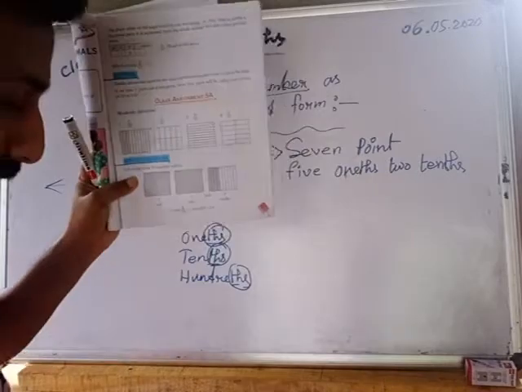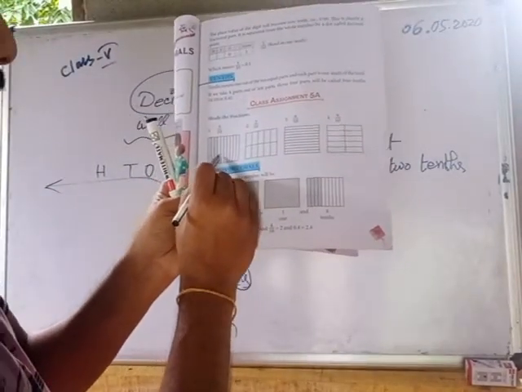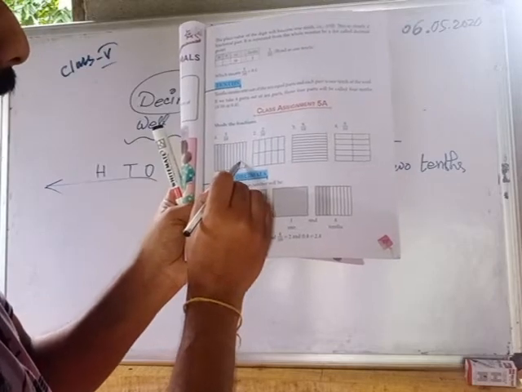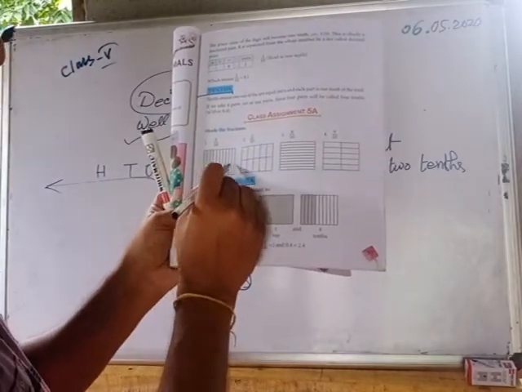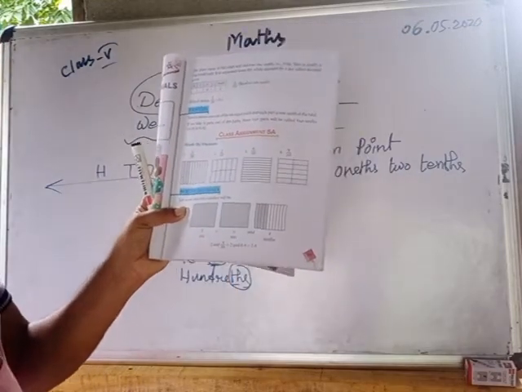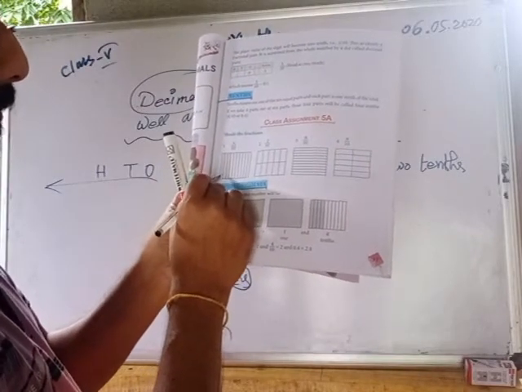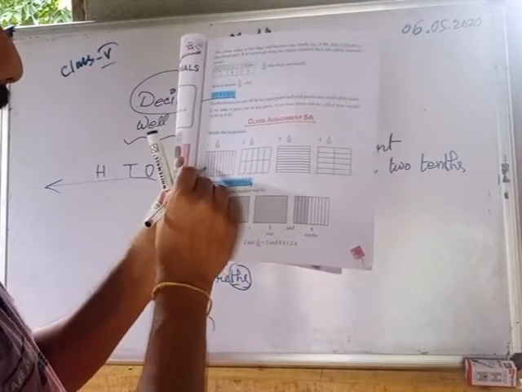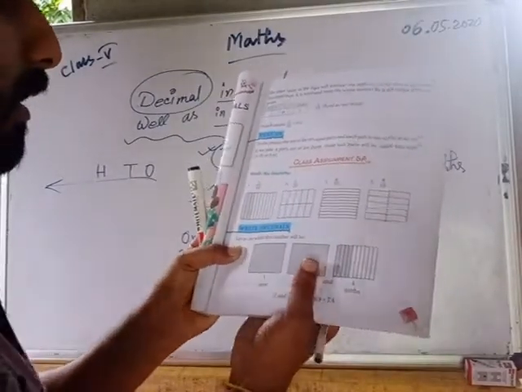That means 10 columns are there. 1, 2, 3, 4, 5, 6, 7, 8, 9, 10. With 10 columns, we should write 10 as the denominator. The shaded part is 3 of the total, so we write 3 as the numerator.